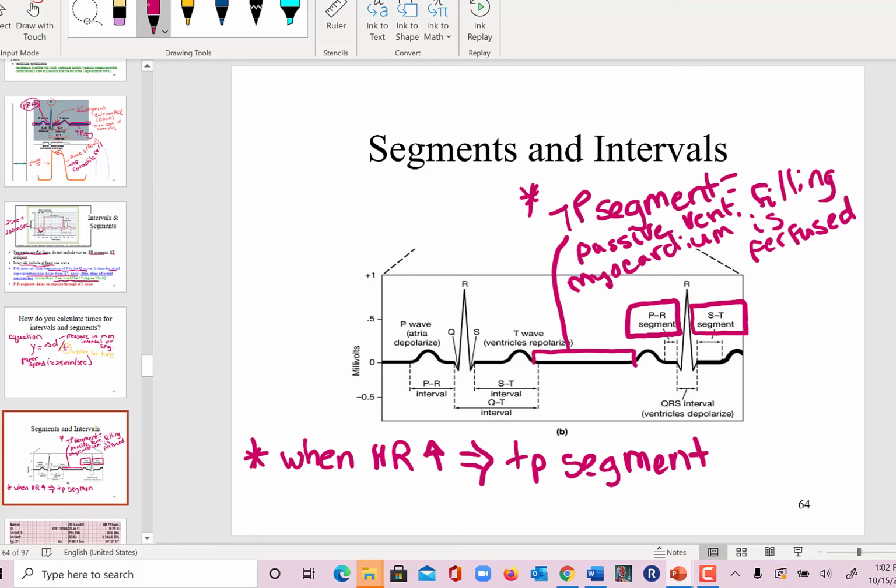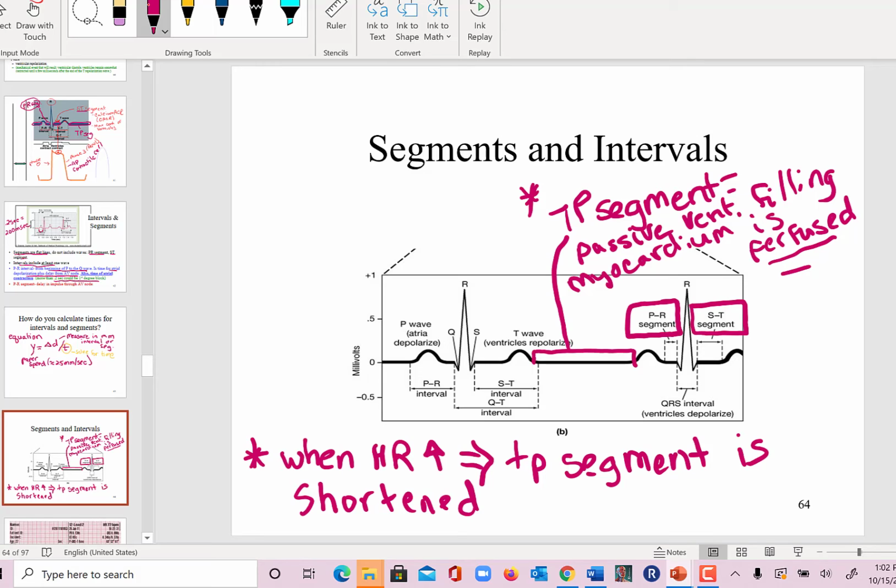It's shortened. What does that mean? It means the resting time for your heart is decreased. That makes sense. You're making your heart work harder. You have a faster heart rate. But it also means that the heart has less time to be perfused.